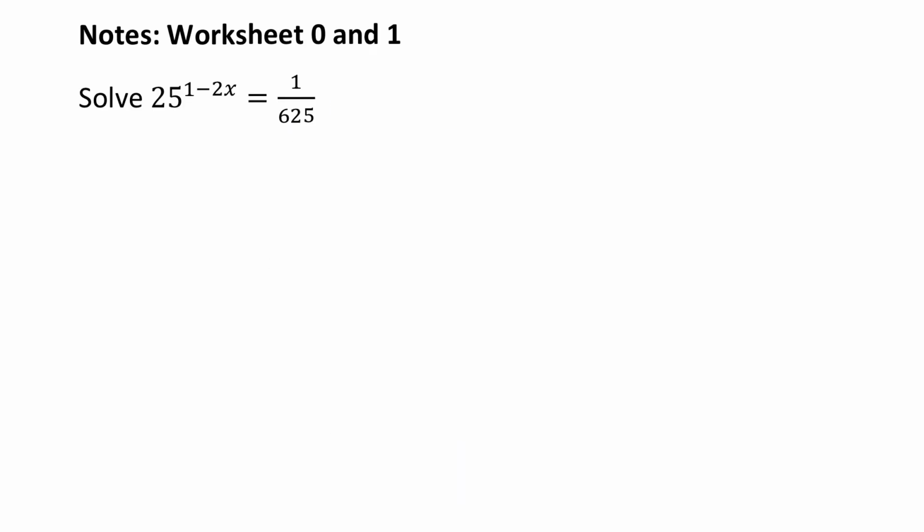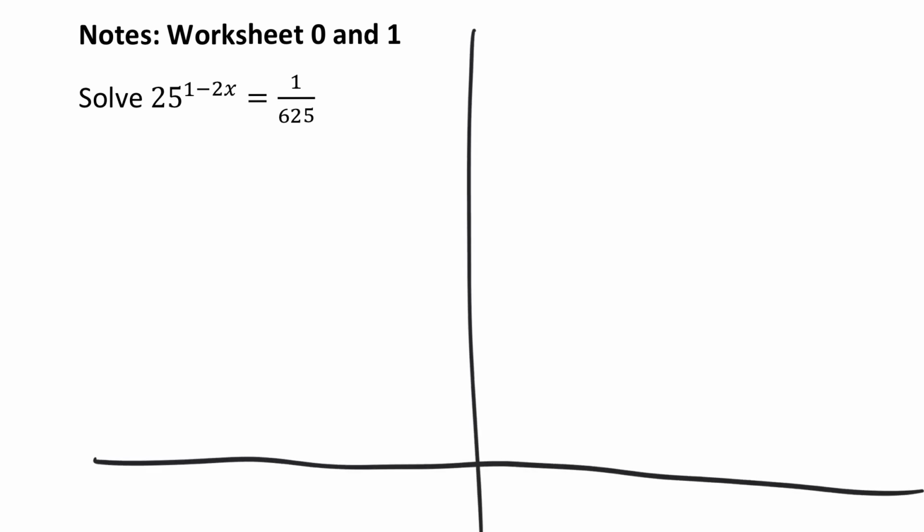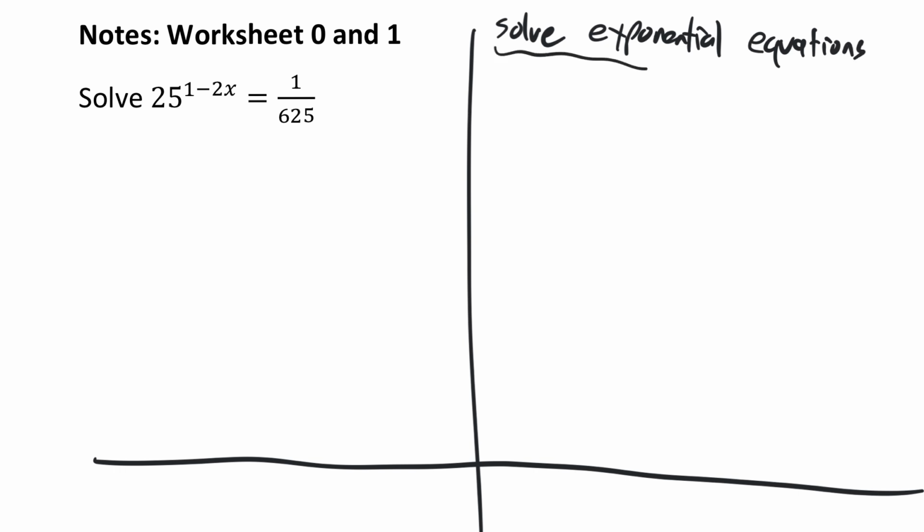All right, let's go ahead and take some notes. So we are just beginning to solve exponential equations. These were our first examples. And the basic method is we need to get the same base on both sides.